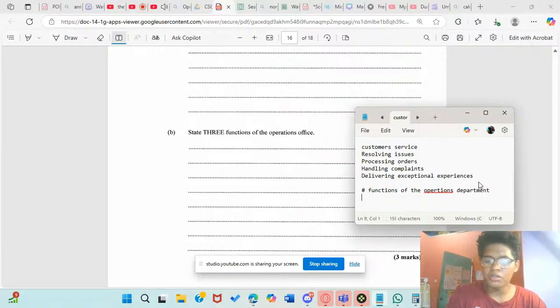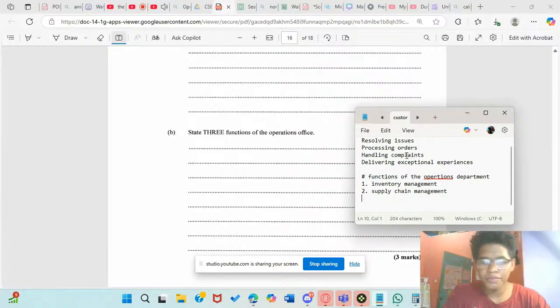First of all, their main function is inventory management, as we said before. Then supply chain management, and logistics.